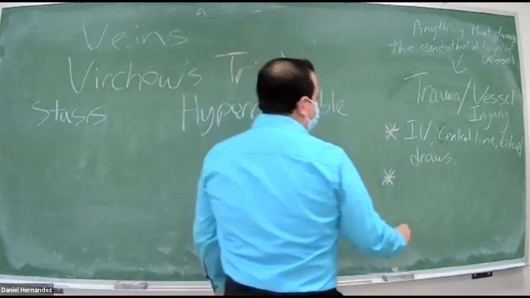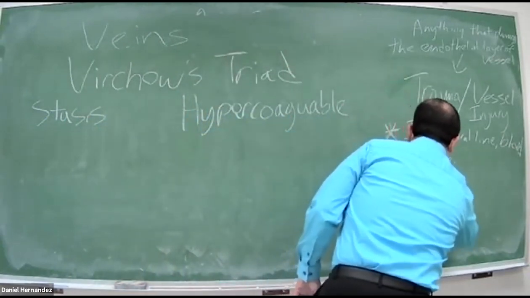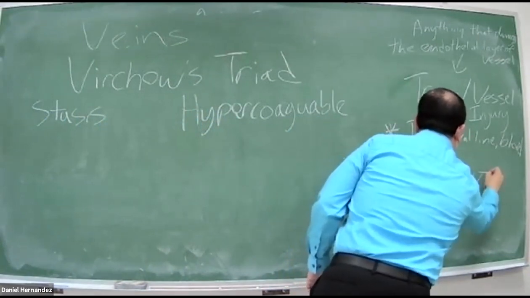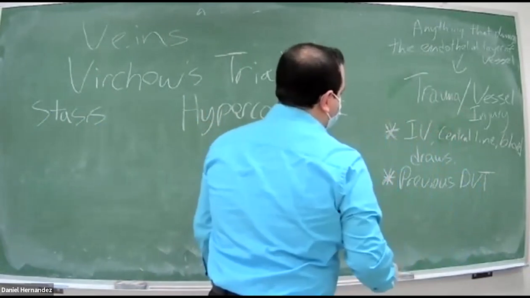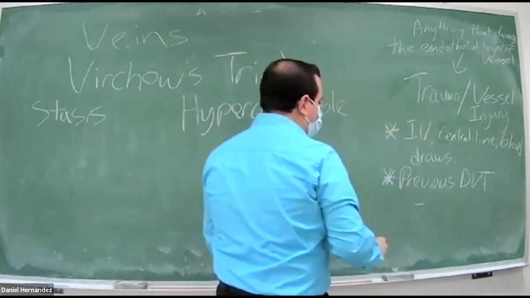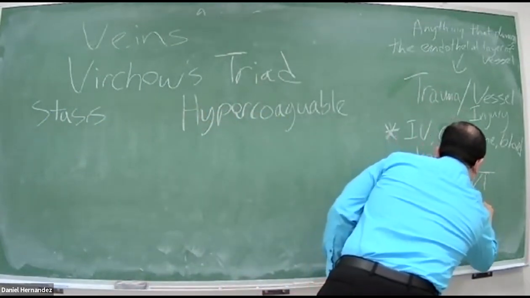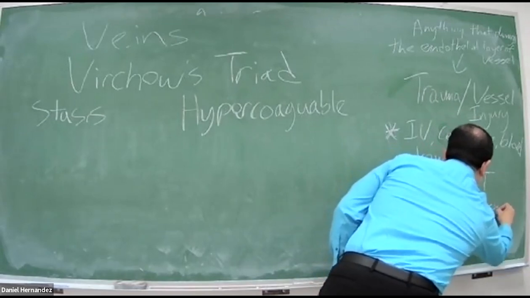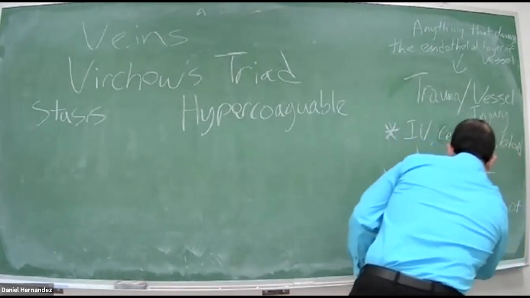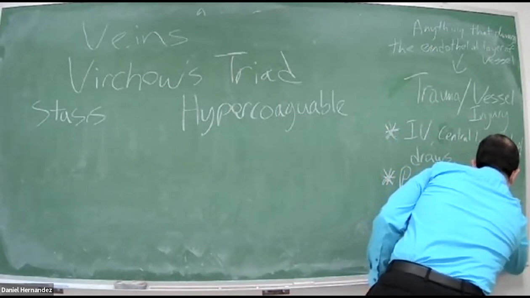Another big one under here is going to be previous DVT. Previous DVT can leave scarring on the vessel wall.